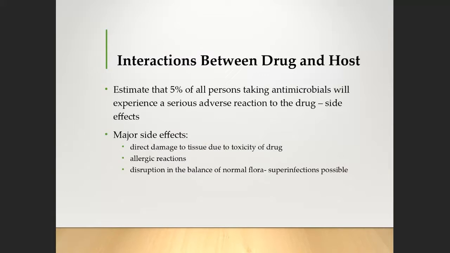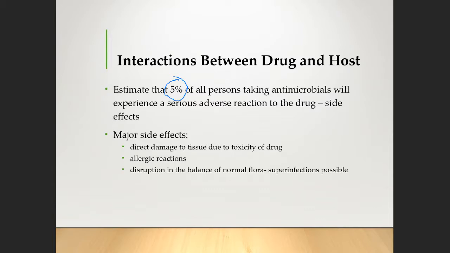There are some people that actually have side effects from the drugs. Mostly 5% of drugs can cause side effects, especially in some people that have lower immunity or have some problem with their body. They might develop side effects.